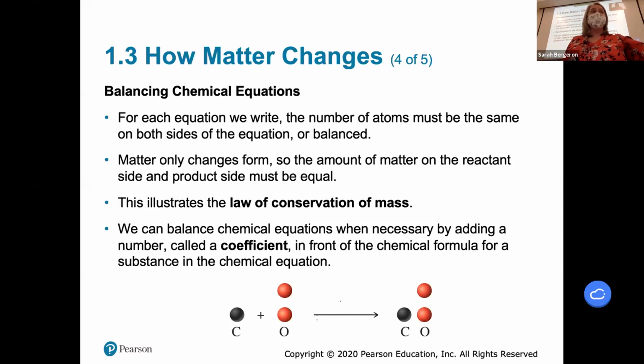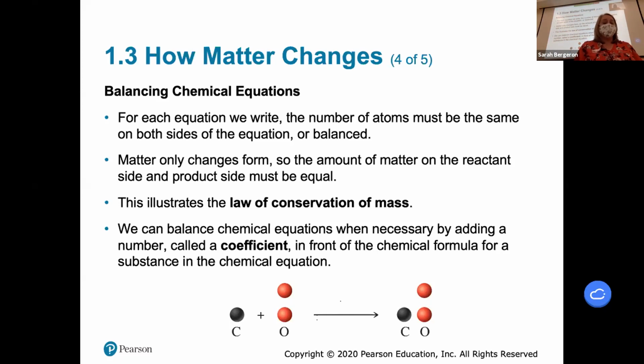However many carbon atoms are in the reactant, you have to have exactly that same number of carbon atoms inside of the product. Matter only changes form, not amount, right? We can shuffle the carbons around, we can put different bonds on them, but we can't create carbon atoms and we can't destroy carbon atoms.